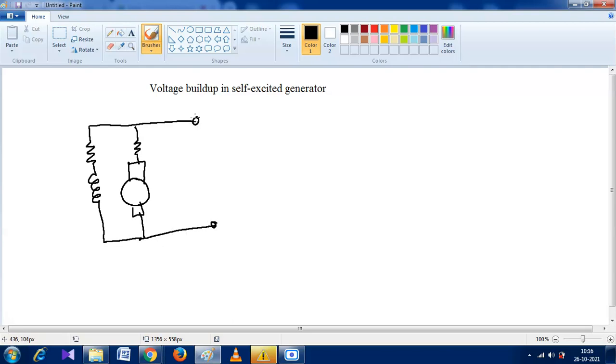Which type of generator is this? Tell me, which type of DC generator is this? Self-excited. And in the case of self-excited, how many types of machine are there?